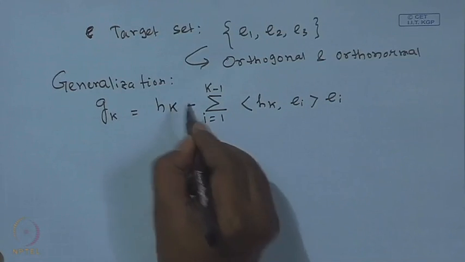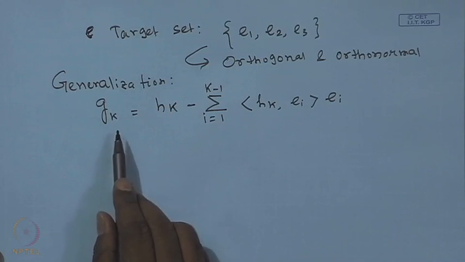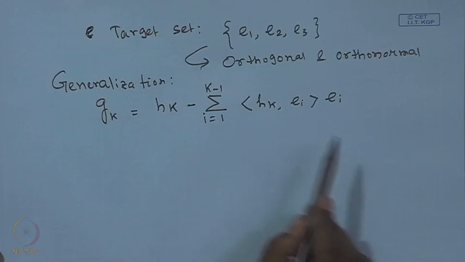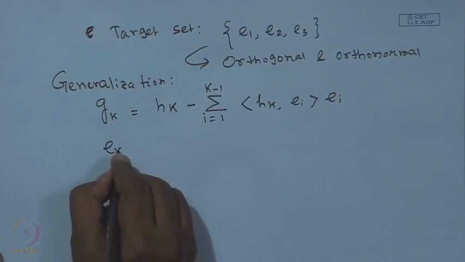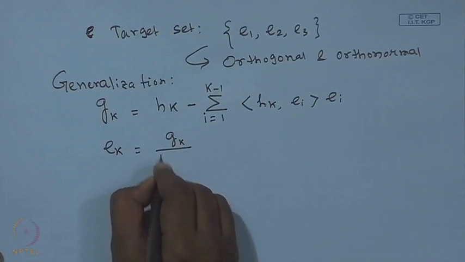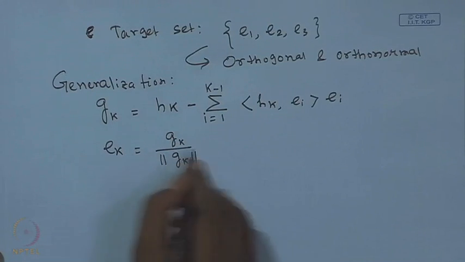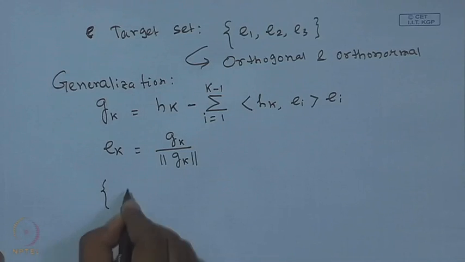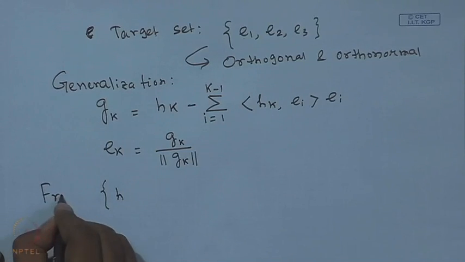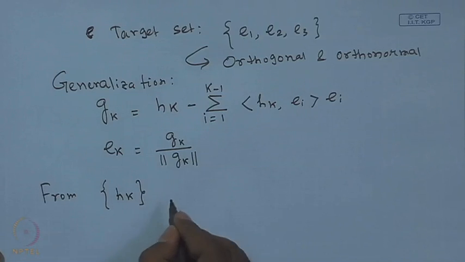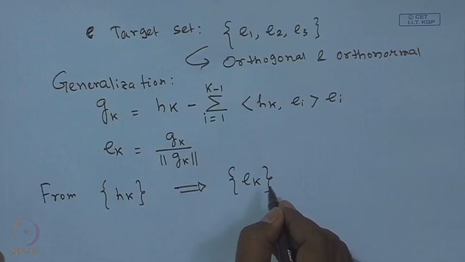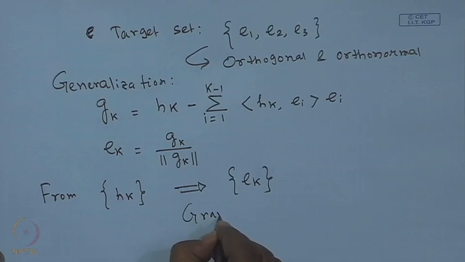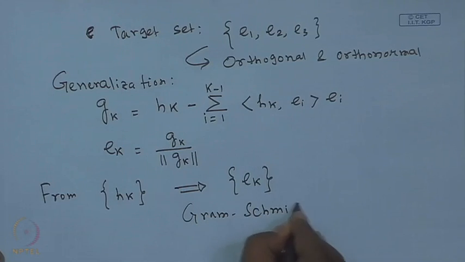So, using this generalized formula, one can keep on getting the vectors G1, G2, G3, G4, G5 up to Gk, and then make Ek orthonormal by defining this. So, from Hk, a set of independent vectors, you will be getting Ek, a set of independent vectors which are orthogonal as well as orthonormal. So, this is the principle of Gram-Schmidt orthogonalization.